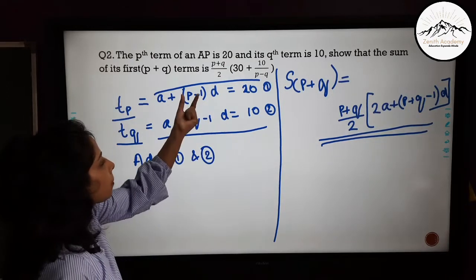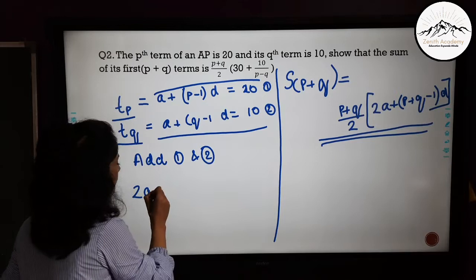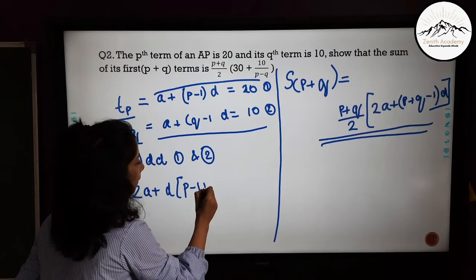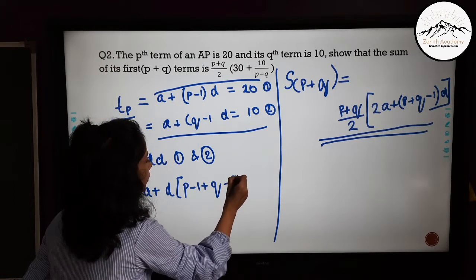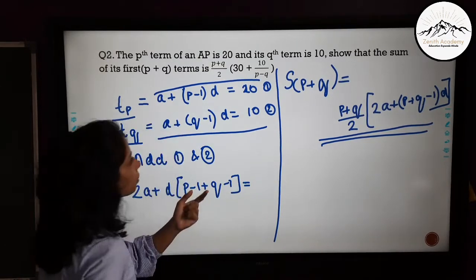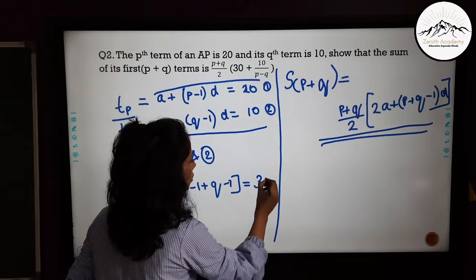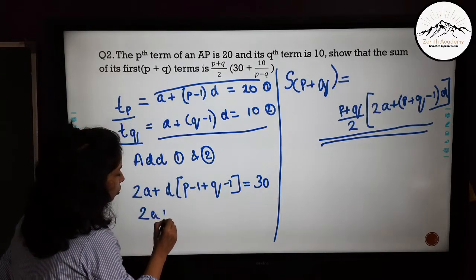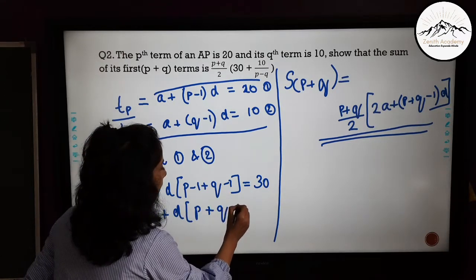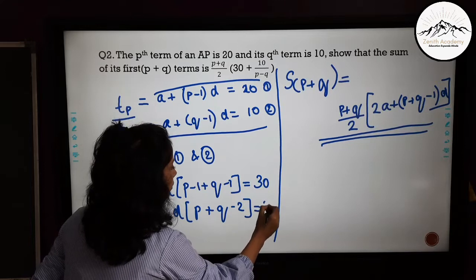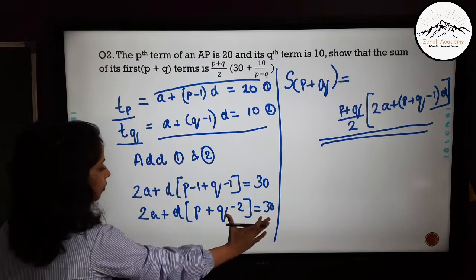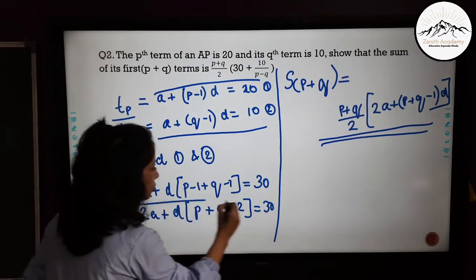D we take common, p minus 1 plus q minus 1, will be equal to 20 plus 10 is equal to 30. Let's see, 2a plus d, p plus q minus 2 is equal to 30. So now we have got this as another equation.